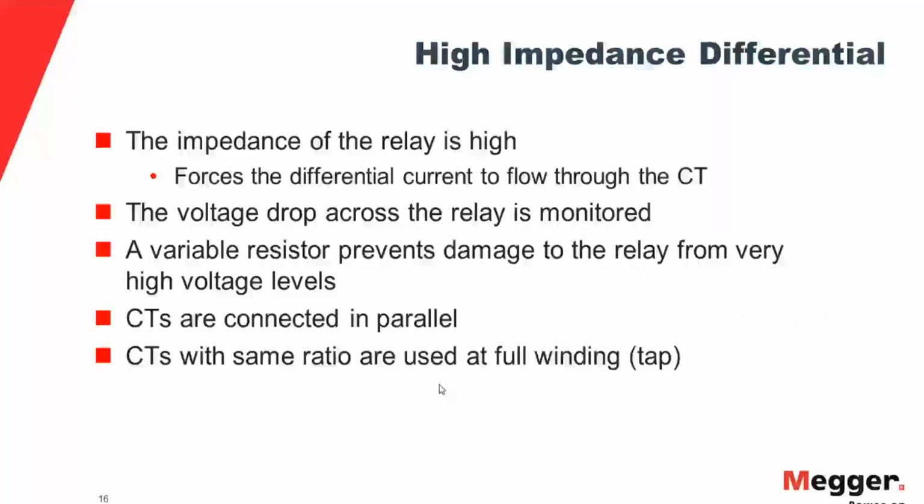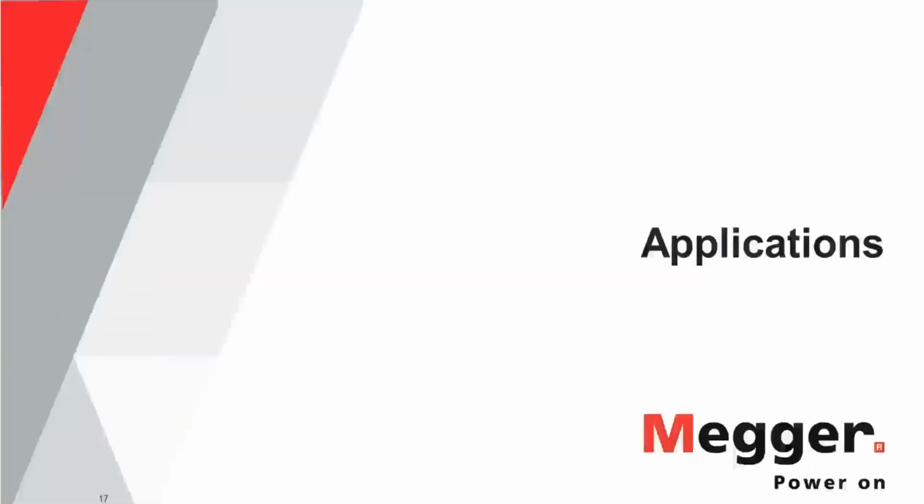And if there is a close-in fault on the equipment that we are trying to protect using high impedance differential, the voltage that appears across the CT will be as high as the open circuit voltage of the CT. Since that is connected directly to your relay, you don't want to damage the relay with high voltage.